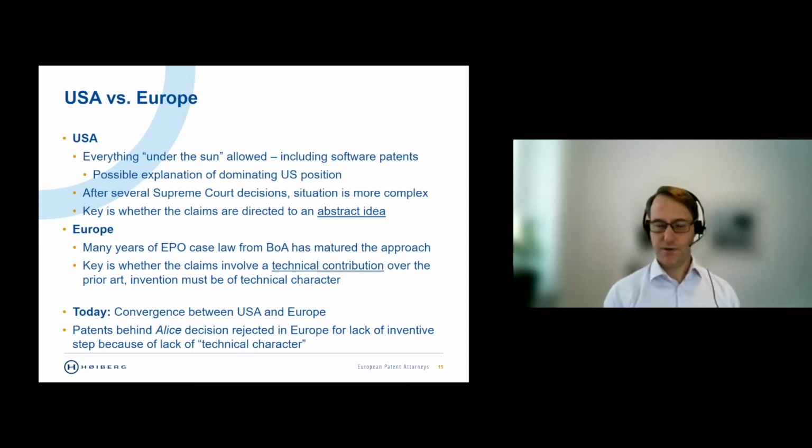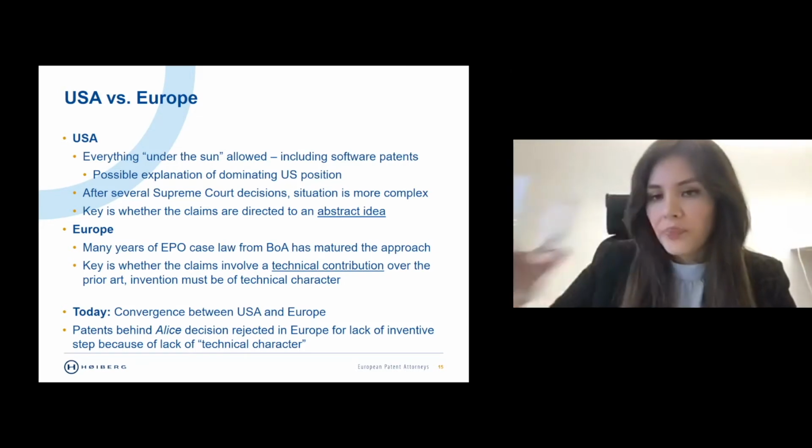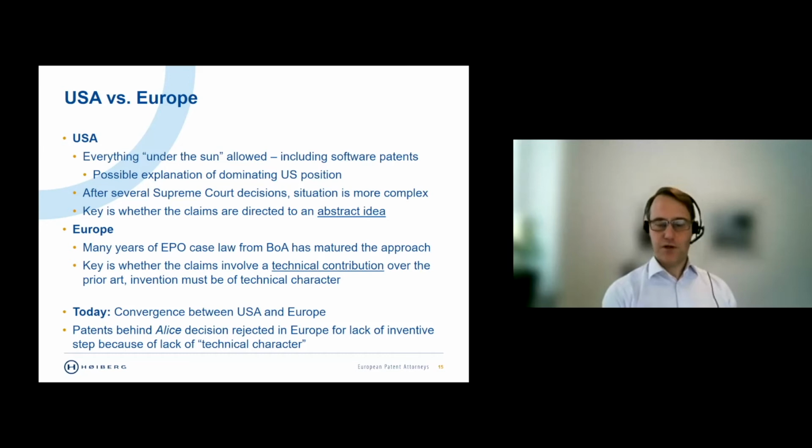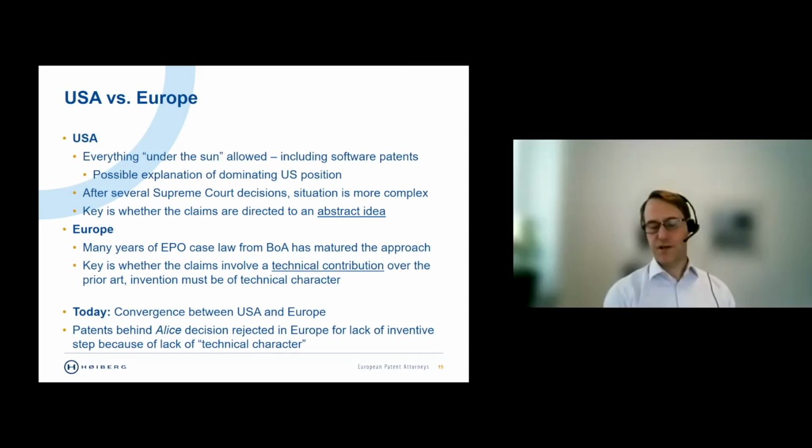Then there was a period of time after the Alice case when it was really difficult to patent. Quite a lot of software inventions had problems. Then guidelines came a couple of years ago, and now there seems to be, to some extent, convergence between the USA and Europe.